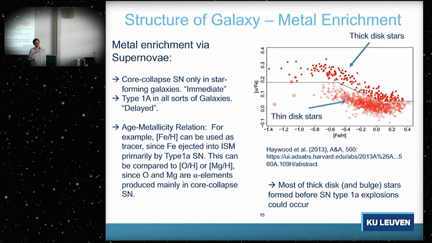That is to say that over time the alpha over iron ratio, as plotted here in the image, should go down. That should also be reflected in the stellar populations.